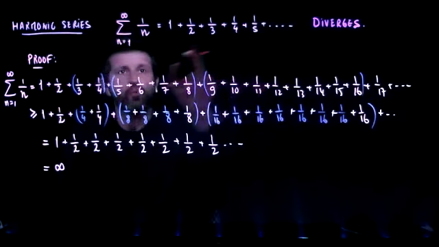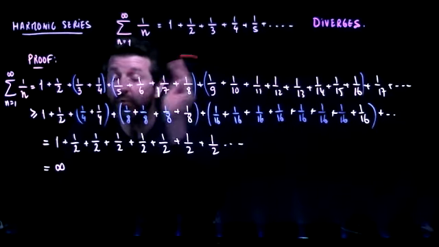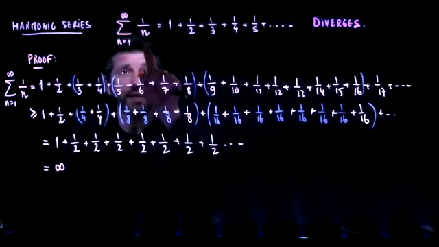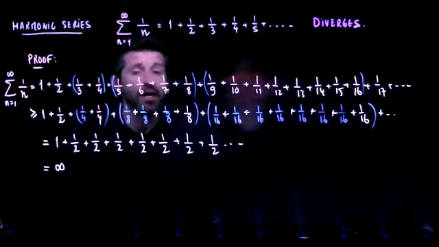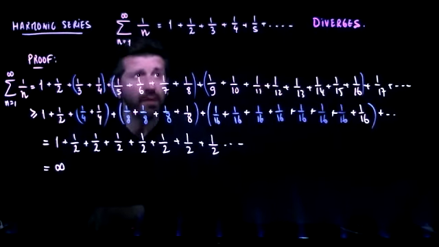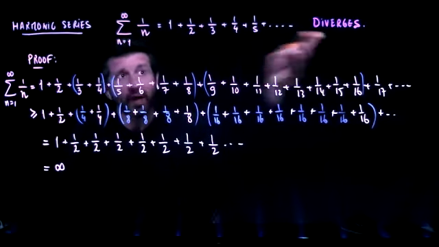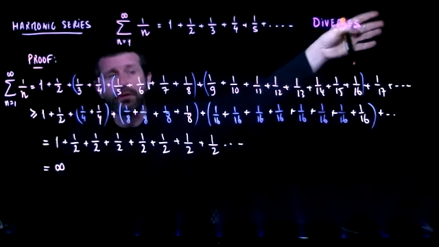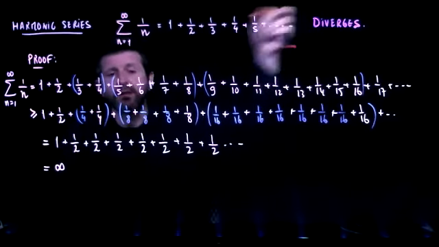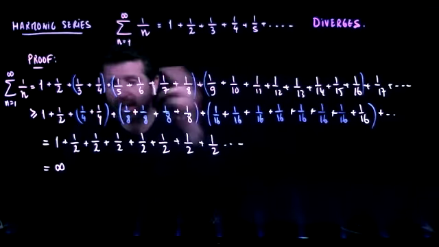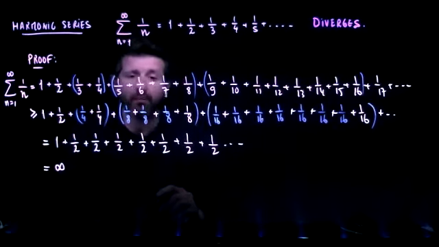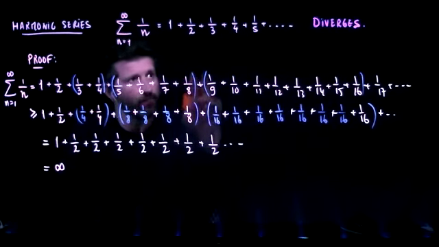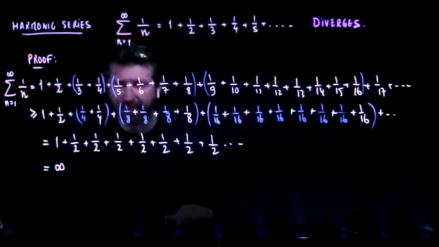If you're telling me, will this infinite sum eventually reach 10 million, I'm going to tell you yes, it will. After a very long time, after billions of terms, you will exceed 1 million, the sum. And I chose 1 million, it could be 10 to the power of 10 million. Any number, you will eventually surpass that.